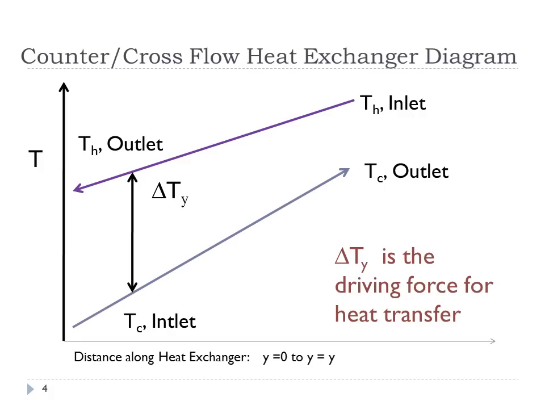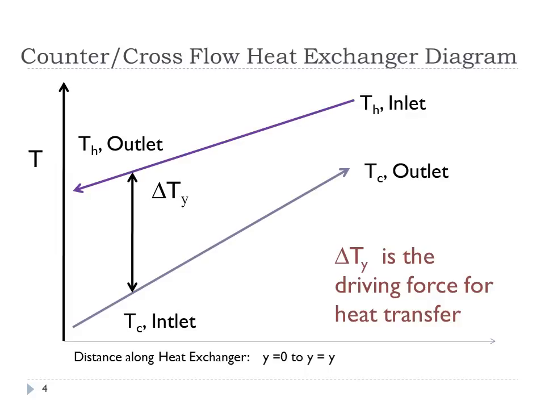So here's what a general counterflow heat exchanger would look like, in which there's a temperature change across the heat exchanger, meaning the driving force changes across the heat exchanger.